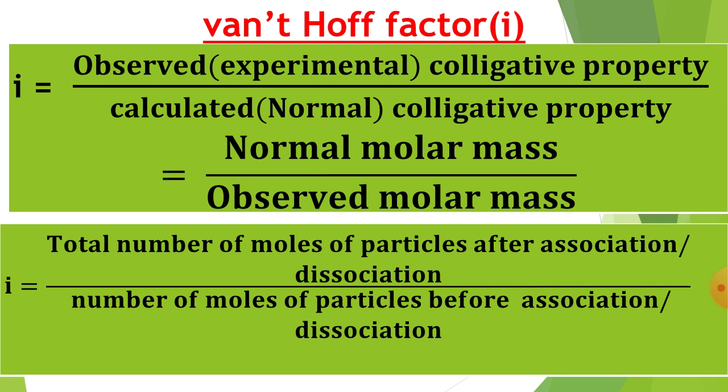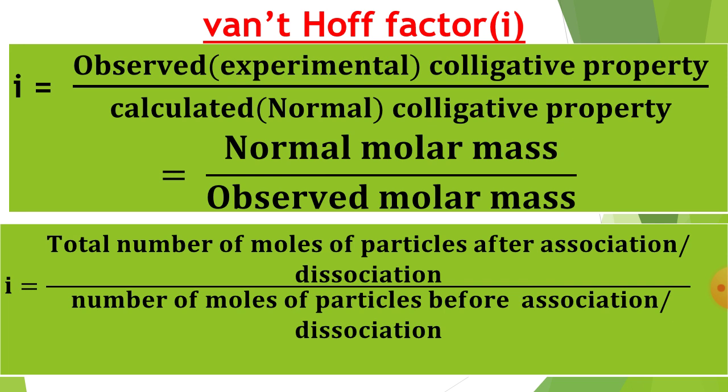Now the most important factor we have to know is the Van 't Hoff factor. The symbol is i. This may be defined as i equals observed or experimental colligative property divided by calculated or normal colligative property. Or in terms of mass, as I have told you, the colligative property is inversely proportional to molar mass.